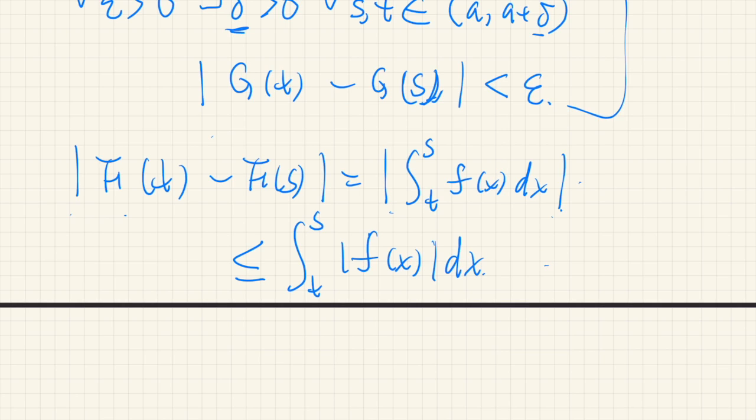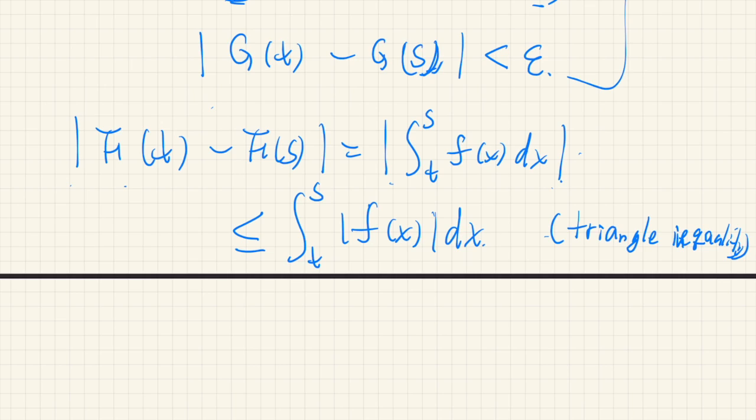This is actually another type of the triangle inequality. If you remember, we defined the integral as a sum of rectangles, right? So basically, this integral is a sum of many things. And the absolute value of a sum is less than or equal to the sum of absolute values, right?